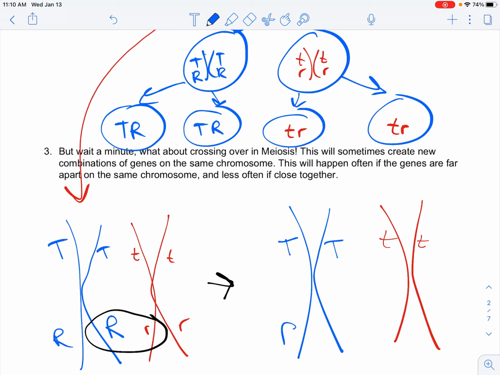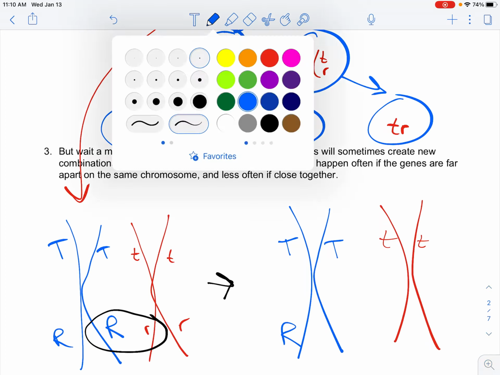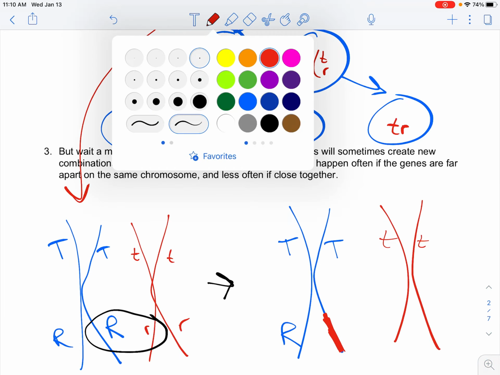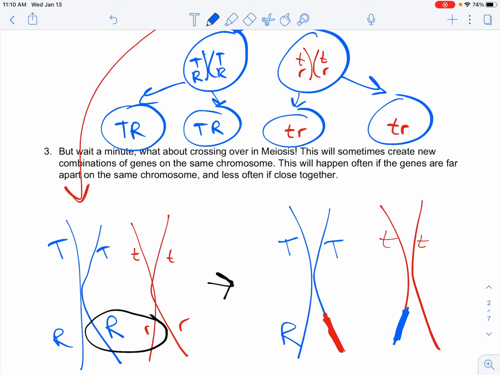But then the bottom section here, we will have a section that has crossed over and is now different. So this is going to go there. And these two have now moved across, and you're going to now be able to produce some of those hybrid genotypes.